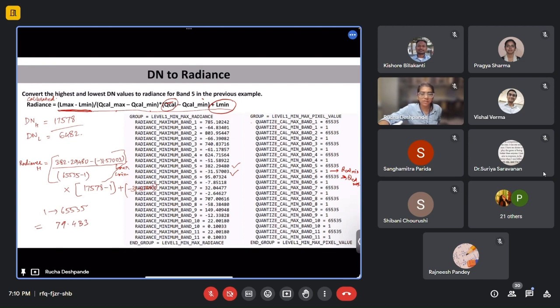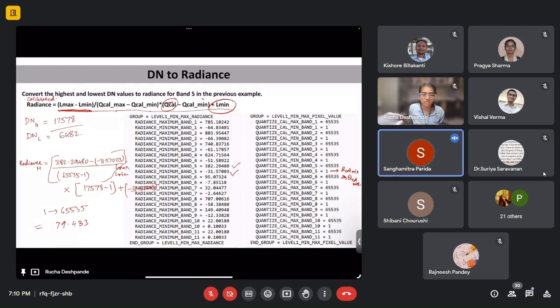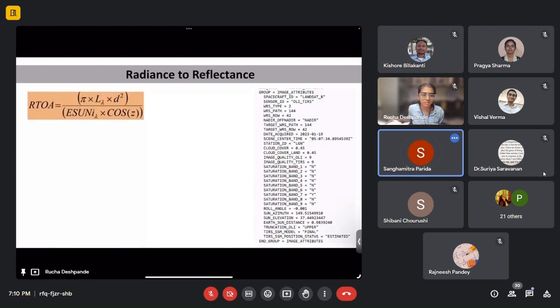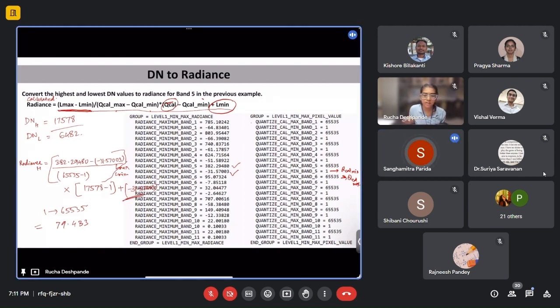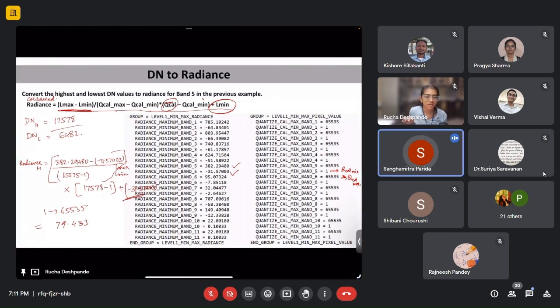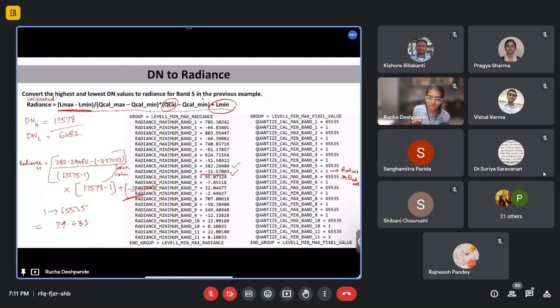Okay, let's move over. That last term in the calculation, will you please go to the previous one? Yes, that last term is L min. Sorry, there was no space over here. Is it minus 31.57 or what else? Yeah, it's minus 31.57. Okay, thank you.